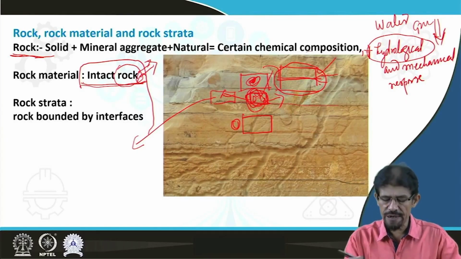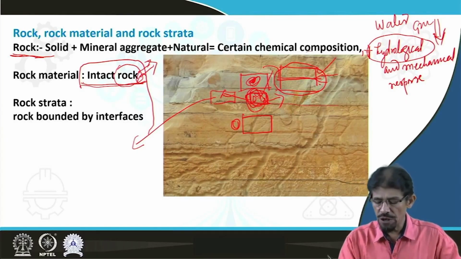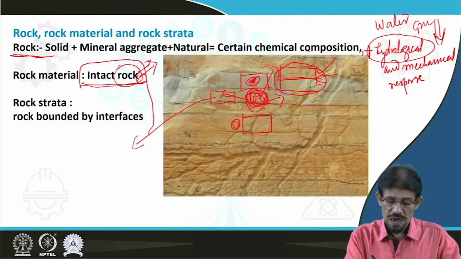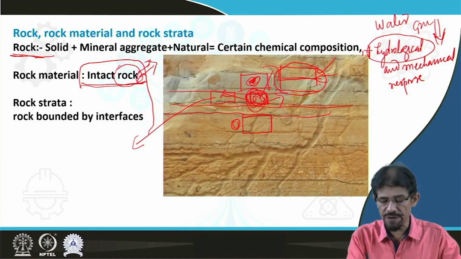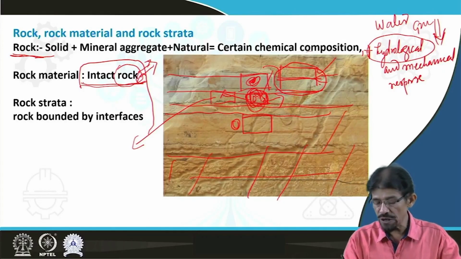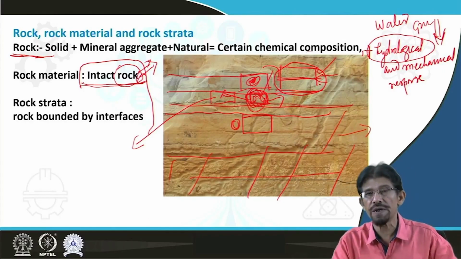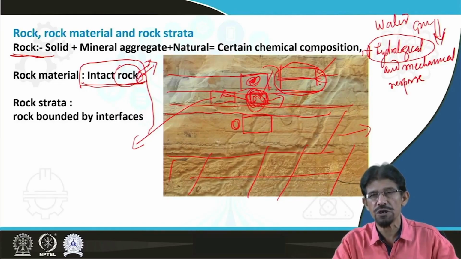As far as the rock zones traversed by a number of interfaces are concerned, as you can see in this photograph, these interfaces in geology are recognized as geological structures of tectonic, sedimentary, or deformation nature.